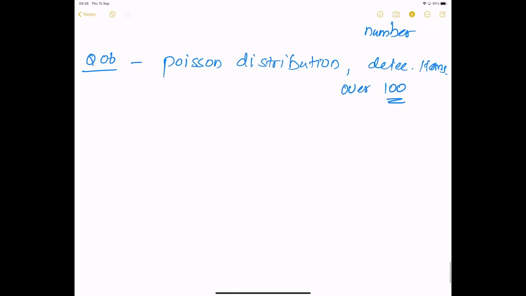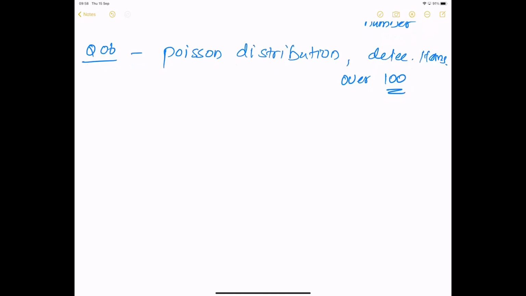So we have to find the lambda, right? They have given the number of defective items as 1, 2, 3, 4, and greater than 4, and the frequency they have given as 15, 20, 15, 10, 5, and 0, right?